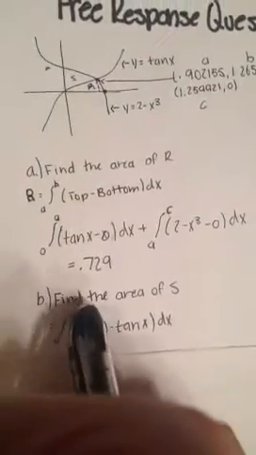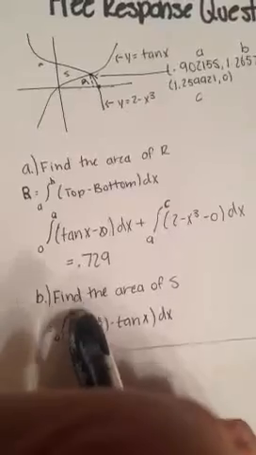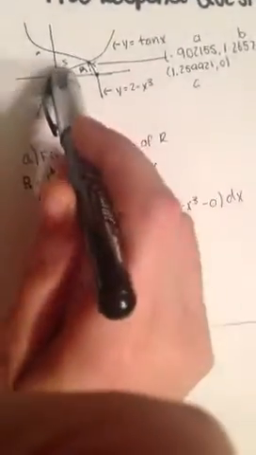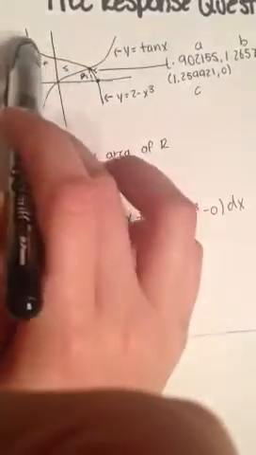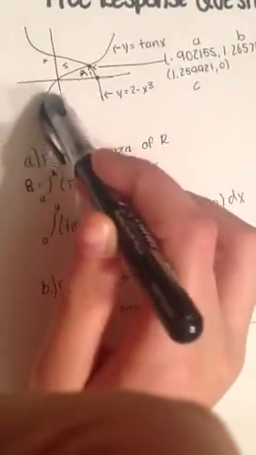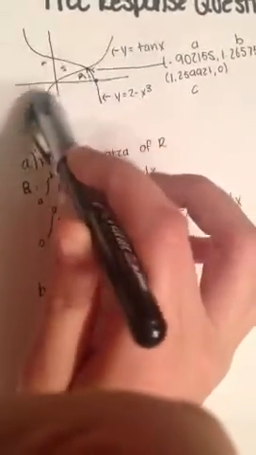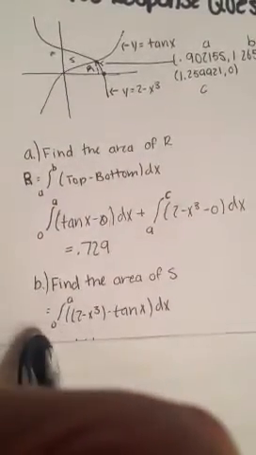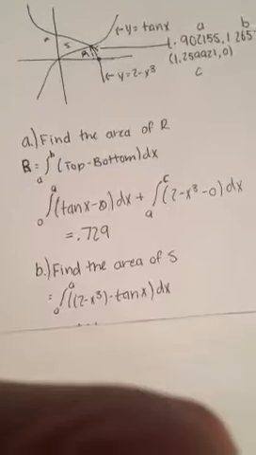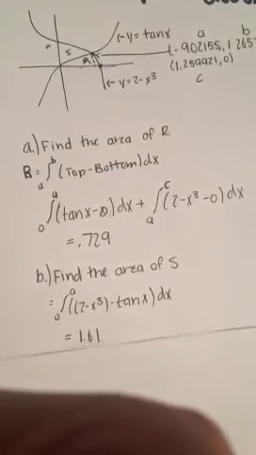So you're going to use 0 to A because you only want the X value. And then your top is y equals 2 minus x cubed. And your bottom is y equals tangent x. So that's what's written right here. And you should be getting 1.61.